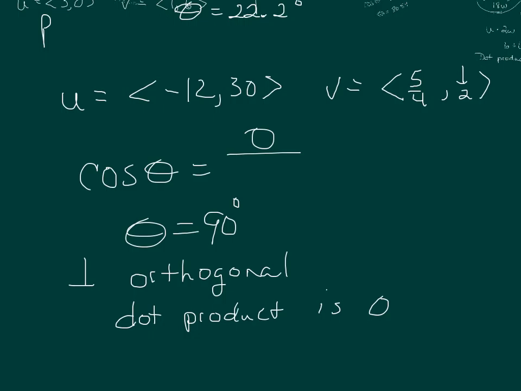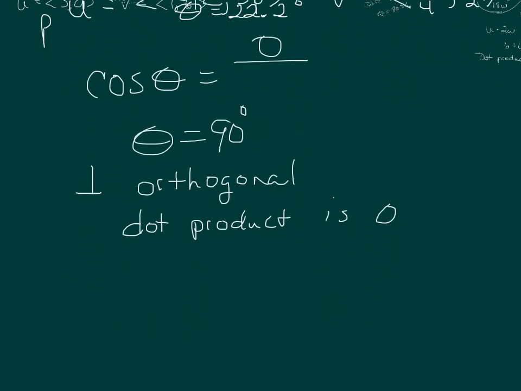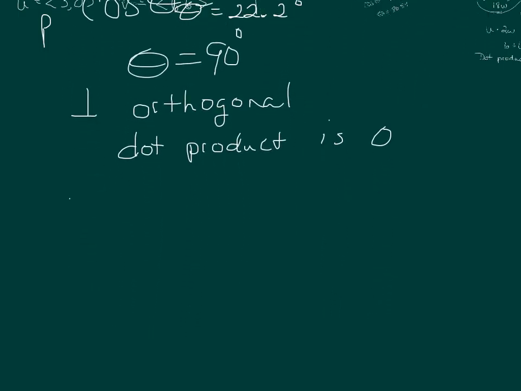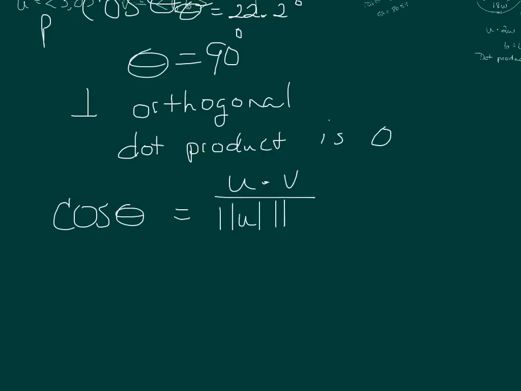Now we said that the formula to find the angle between two vectors is the dot product over the magnitude of each vector. An alternative form of the dot product, if I multiply both sides by the magnitudes, is cosine of theta times the magnitude of u times the magnitude of v.